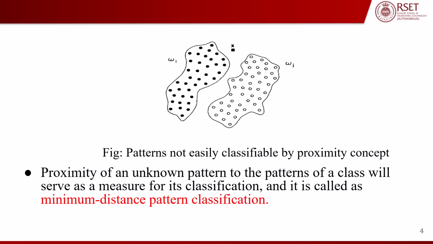The distance is high, so the proximity between those 2 points is very low. But if the proximity between 2 points A and B is very high, it means that the distance between those 2 points is very small, which means that the 2 points are very near to each other.